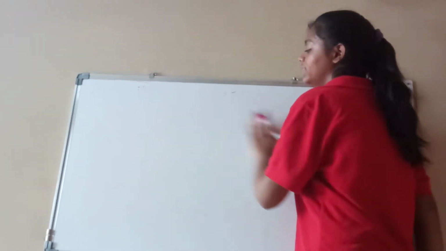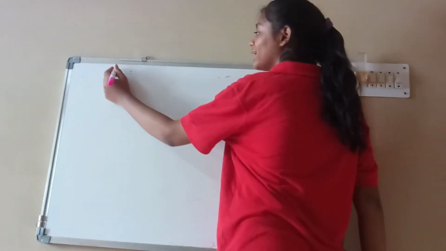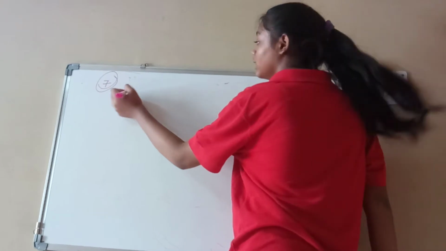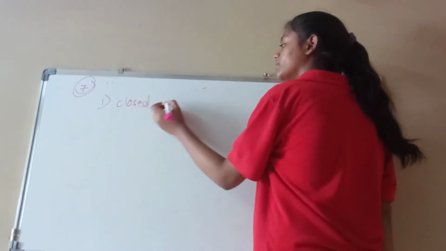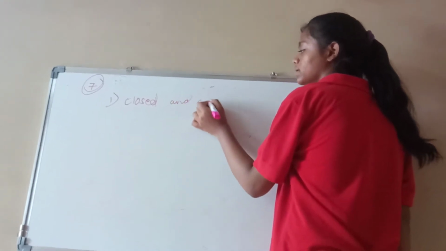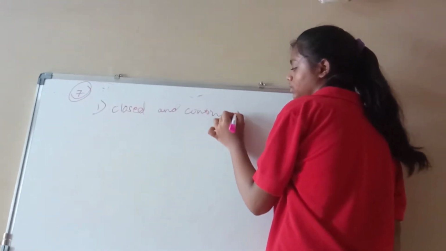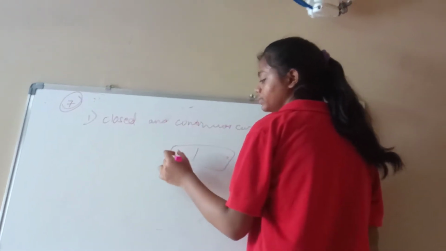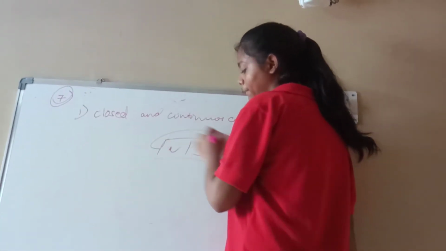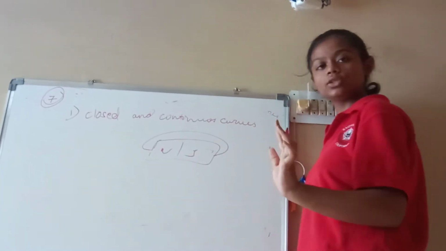Now we are going to learn the 7 properties of magnetic field lines. The first is that they are closed and continuous curves. This is the magnet. The magnetic field lines are closed here.